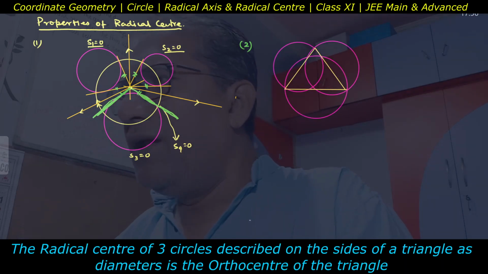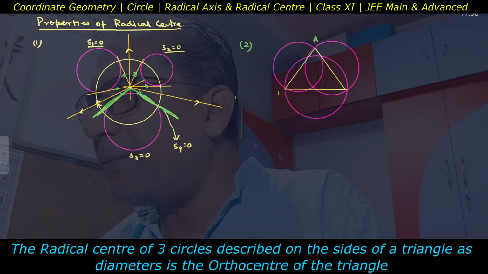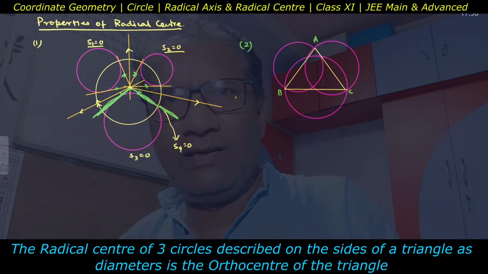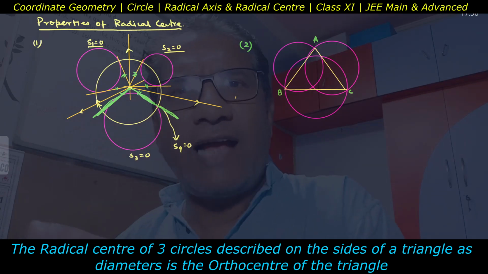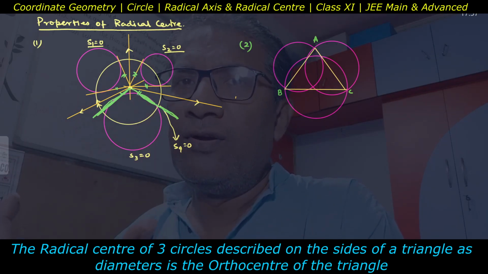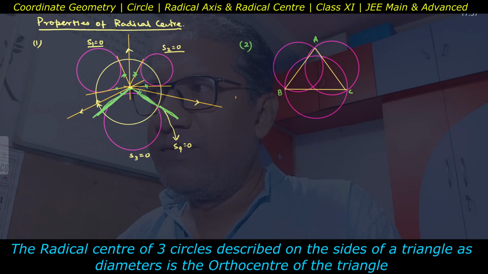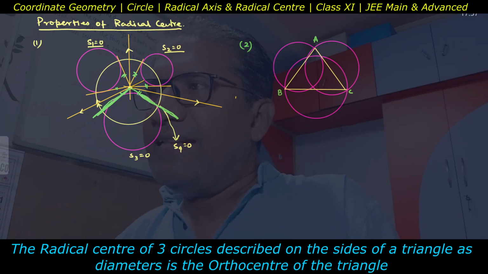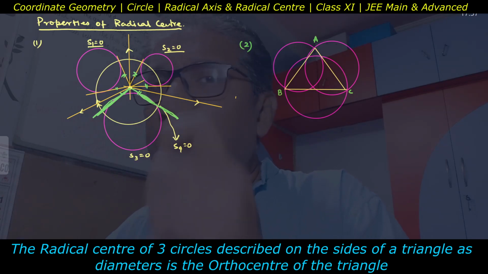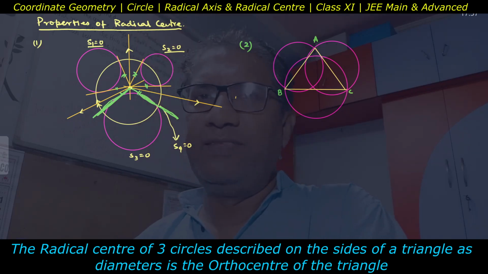Now see, the property states that if there is a triangle ABC and you draw a circle on each of the three sides of the triangle, taking the length of the sides as its diameter, then the radical center that you have for these three circles will be the same as the orthocenter of the triangle ABC. This is the property.